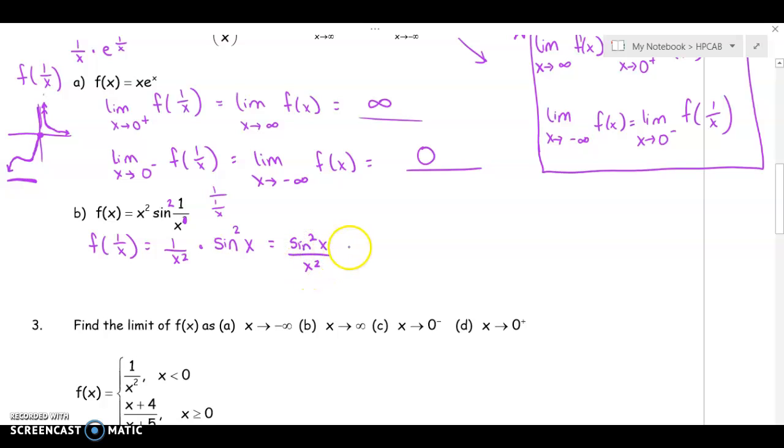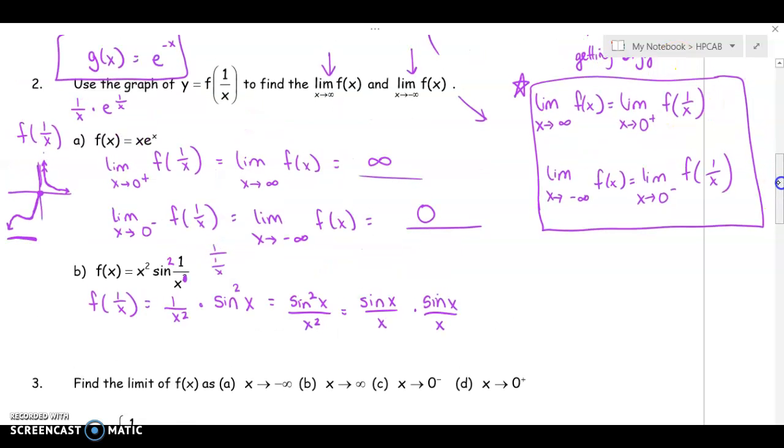And then I'm going to split this up a little bit. This is the same thing as saying sine of x over x times sine of x over x. Sine of x times sine of x is sine squared of x. X times x is x squared. Then if you recall on our last note sheet, we're trying to find, by the way, the limit as x approaches 0 from the right and 0 from the left.